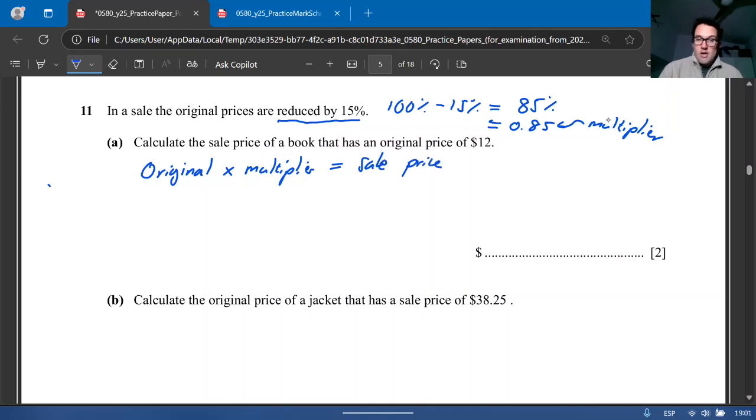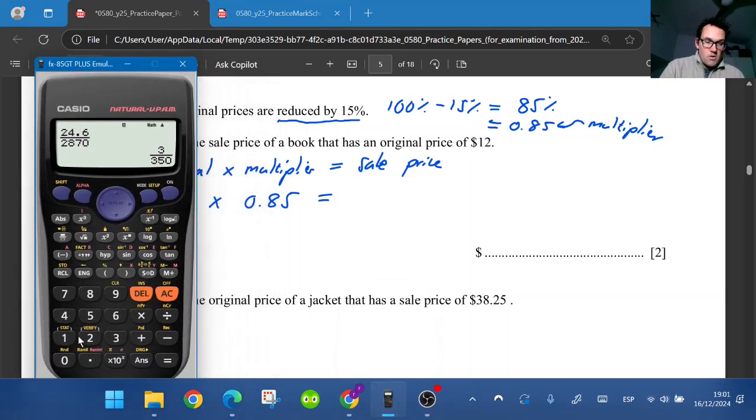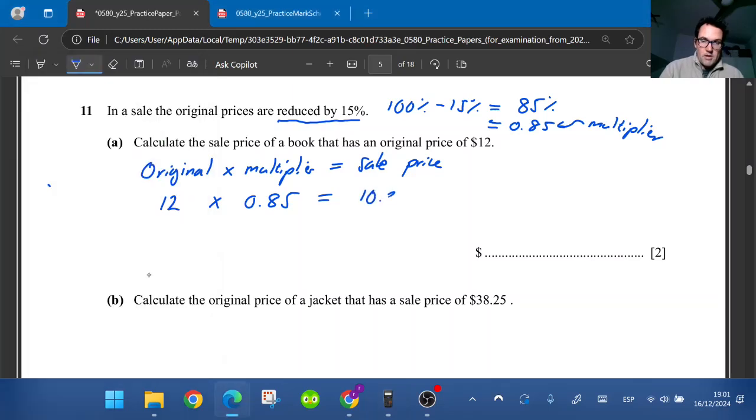Easy as that. Something costs $12. We're now going to reduce it. We're going to only charge 85% because we're doing a 15% reduction. That gives you the answer. So you do 12 times 0.85. It will now be $10.20.